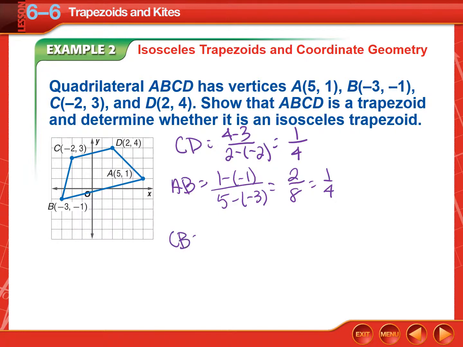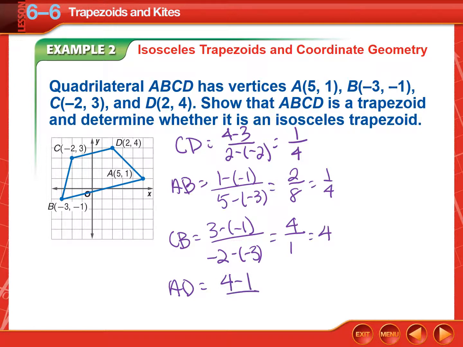So CB is going to be 3 minus -1 over -2 minus -3, and we get 4 over 1. And then AD is going to be 4 minus 1 over 2 minus 5, 3 over -3, so -1.